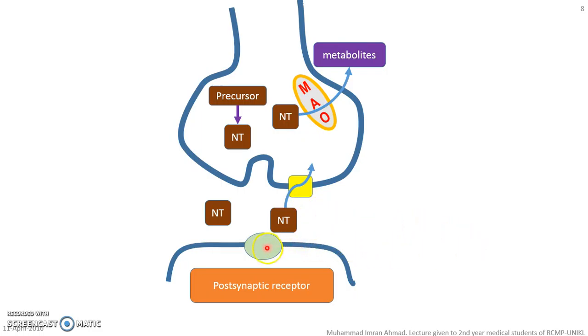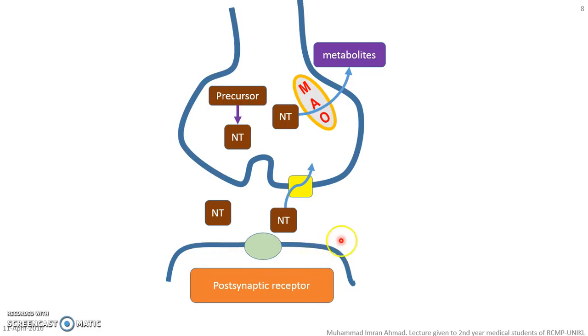And then we also have specific antagonists or blockers of the serotonin or noradrenaline receptors.